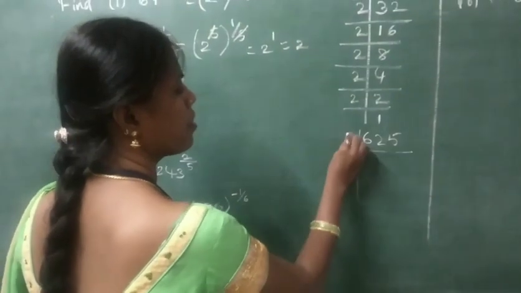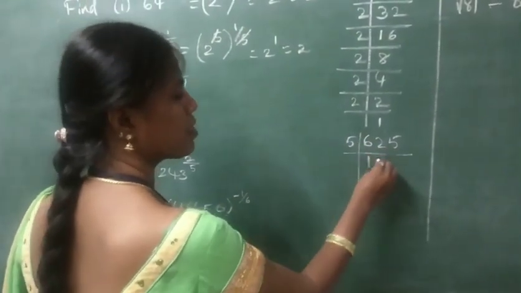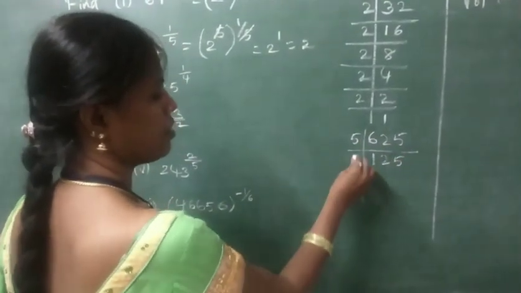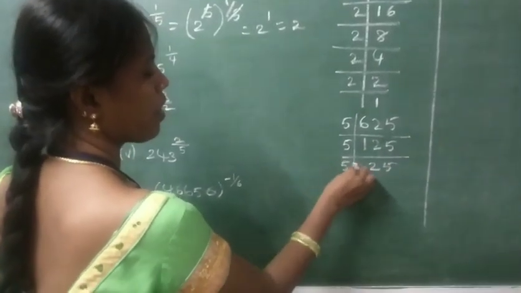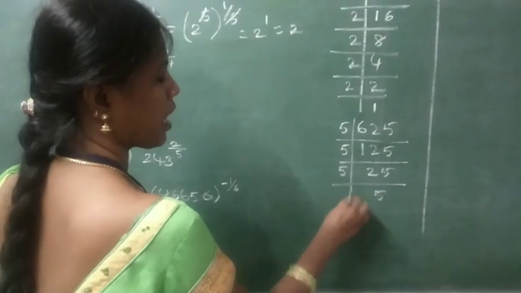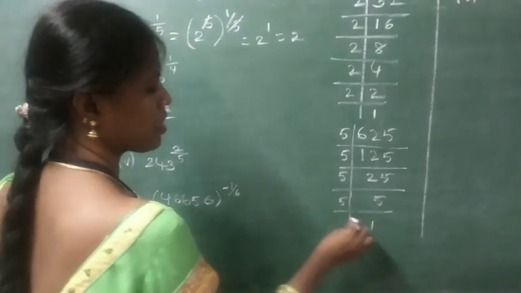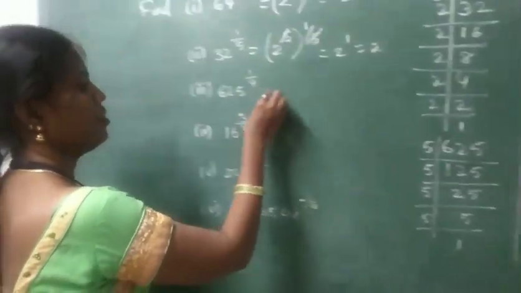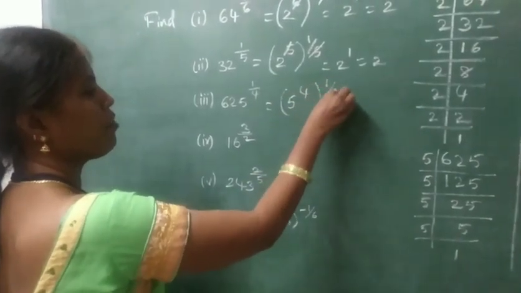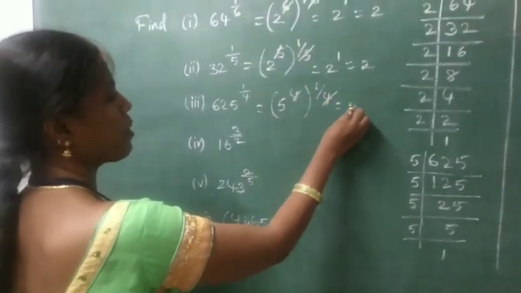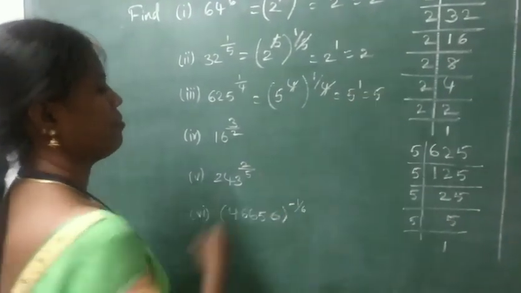With 5. 5 ones are 5, 5 twos are 10, 5 fives are 25. Again with 5, 5 ones are 5. That is 1, 2, 3, 4. So (5⁴)^(1/4). The 4 cancels, 5 to the power 1, that is 5.